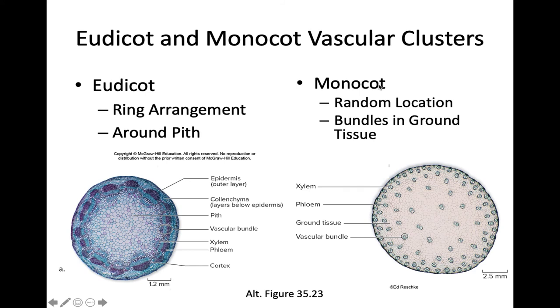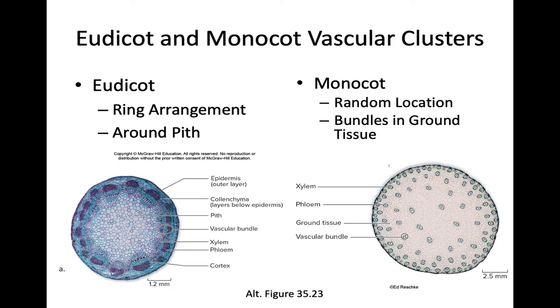And although there are other differences between these two types of plants, the one I would like to highlight now is the organization of the vascular tissues. So in eudicots, the vascular tissue is arranged in a regular circular pattern around the center of the plant. You can think of the tree again, and the arrangement of the vascular tissues is one of the reasons there's this ability to have secondary growth.